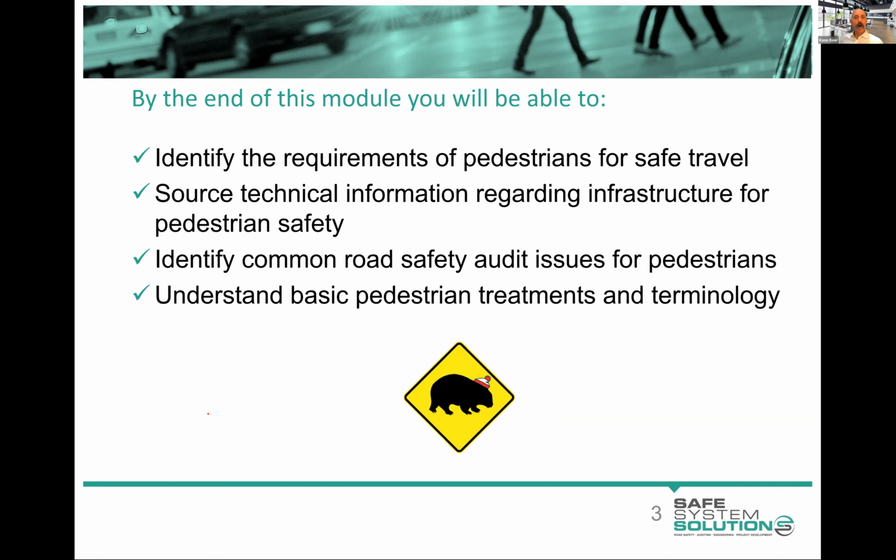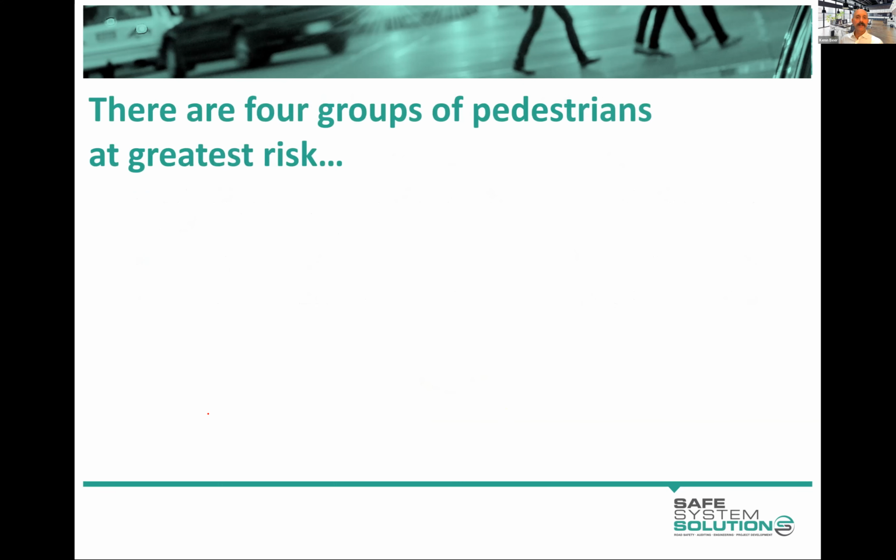I'll spend a fair bit of time on that, and also look at some case studies of incidents involving pedestrians, so we can try to predict those in the future before they happen and weed them out. And we're going to talk a bit about pedestrian terminology. Don't forget to count your wallies, of course.